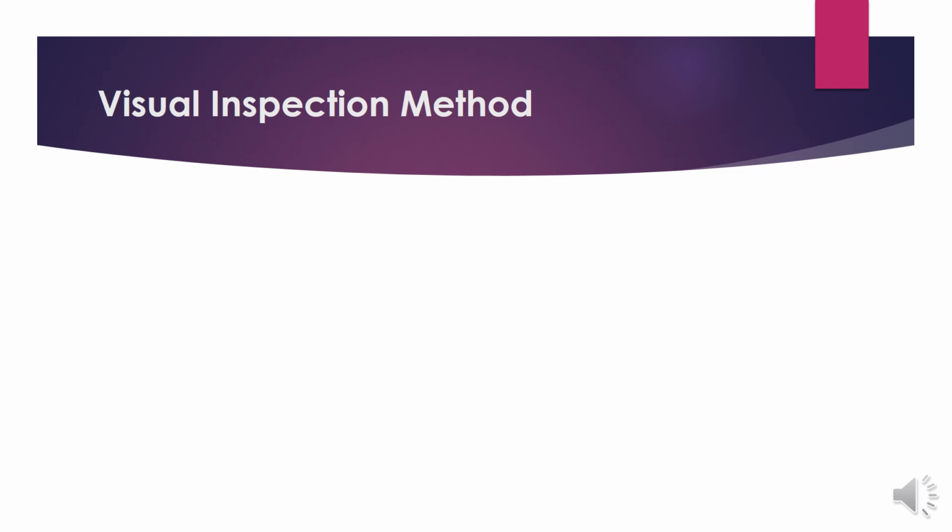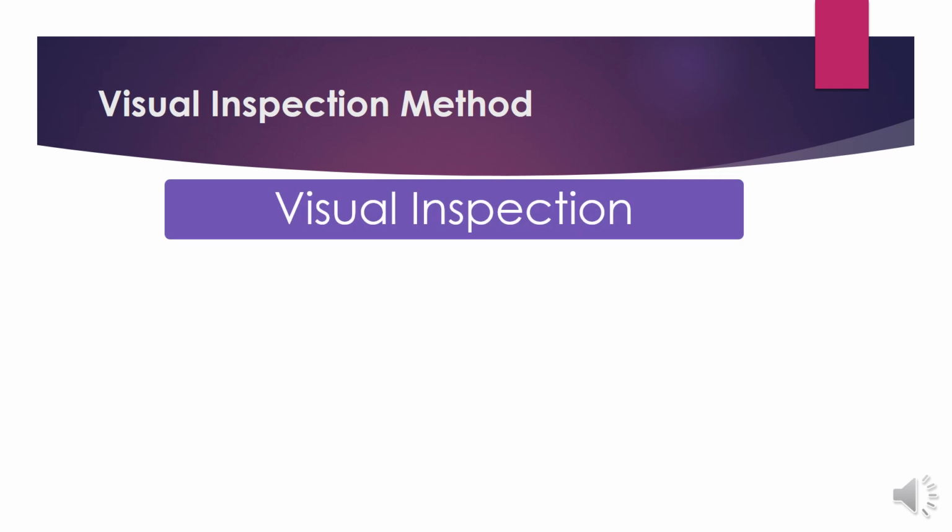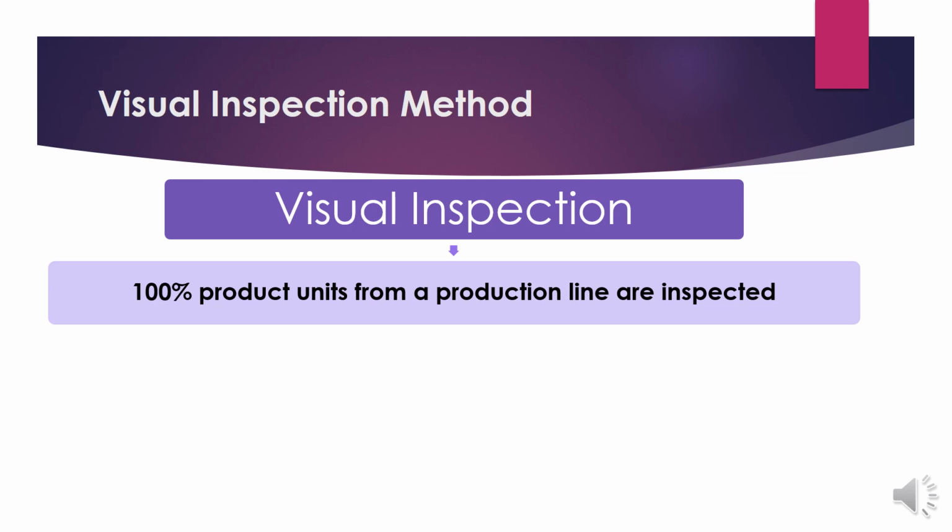So the first method is the visual inspection method. That involves visual inspection, meaning there is no need of any equipment or extra instrument for checking the particulate matter in the preparation. As USP says, all containers must be checked.